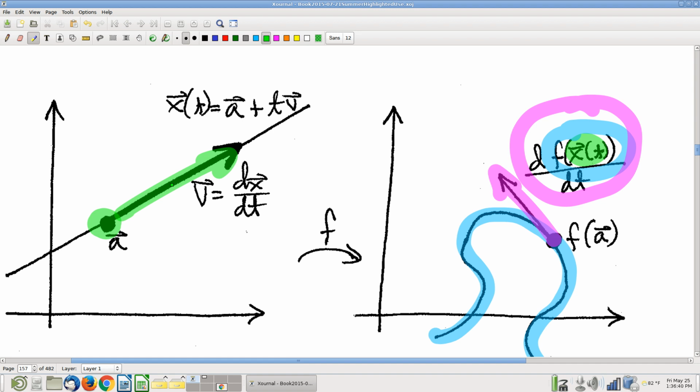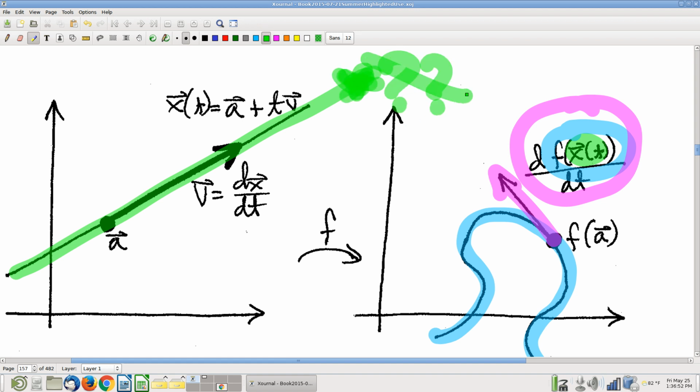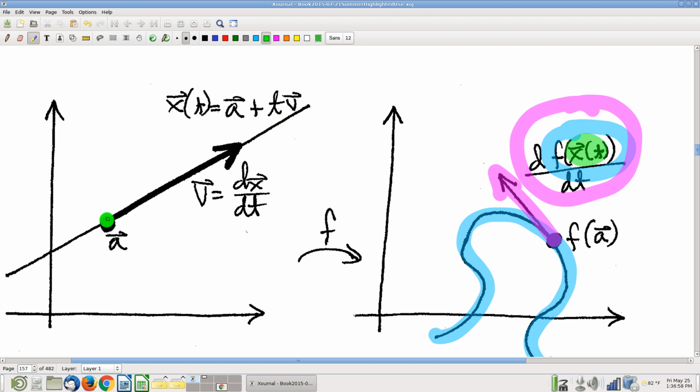I really just needed to be at this point and moving with that velocity. I don't need to actually be over here. I'm not interested in what's happening over there. Couldn't care less about what's happening way over there, right? So we're interested in what's happening here.